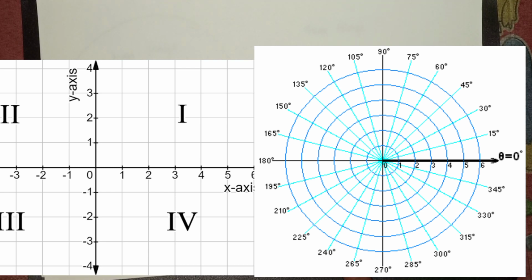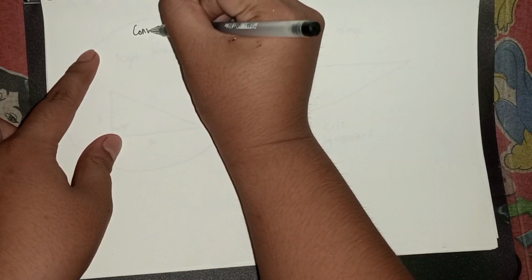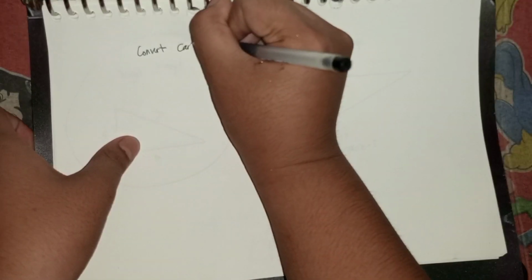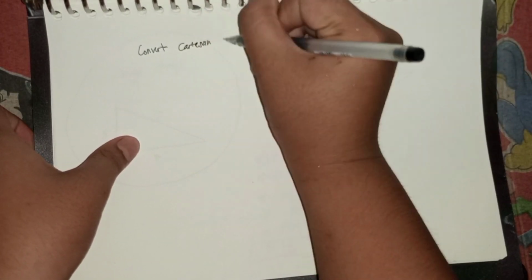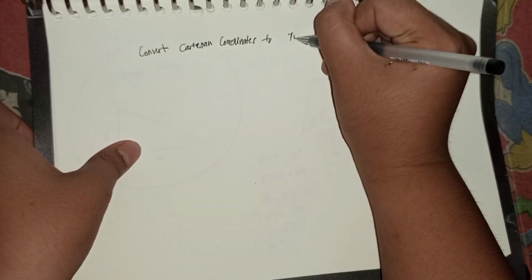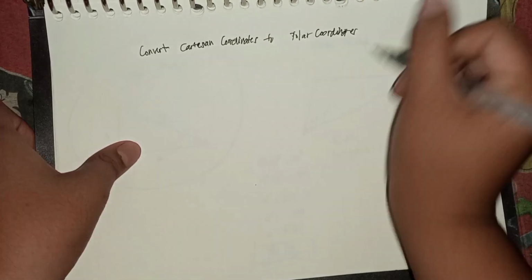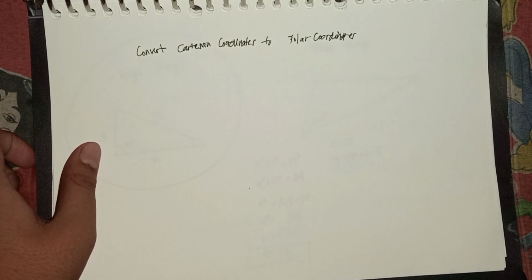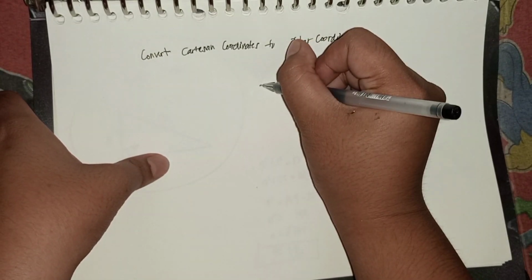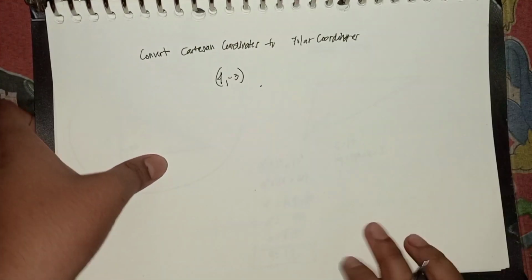So, let's try to convert Cartesian coordinates to polar coordinates. For example, we need to convert these Cartesian coordinates into polar coordinates.